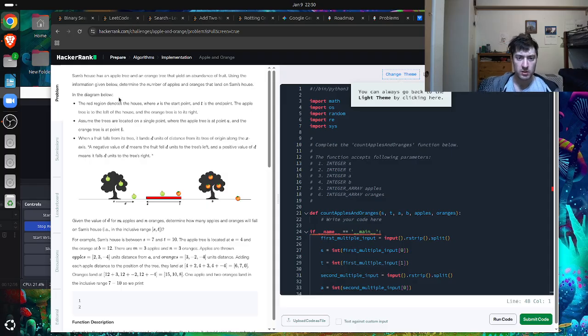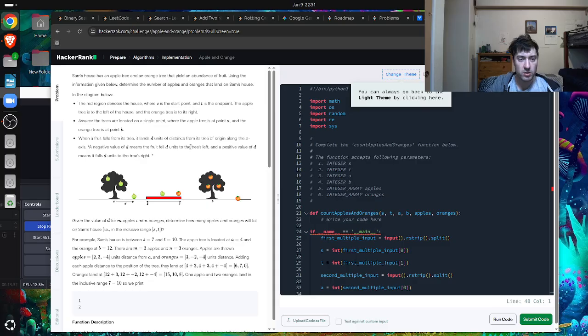In the diagram below, the red region denotes the house where S is the start point, and T is the end point, start and stop essentially. The apple tree is to the left of the house, and the orange tree is to the right, okay?